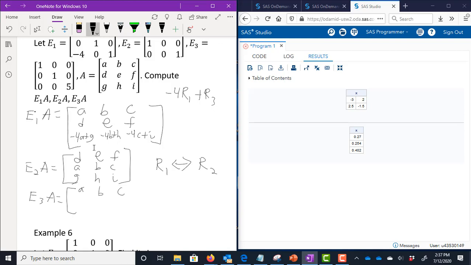This row times this column gives us d, and then e, and then f. And then finally, this row times this column will give us 5 times g, then 5 times h, and then 5 times I. This is the same thing as 5 times the third row.